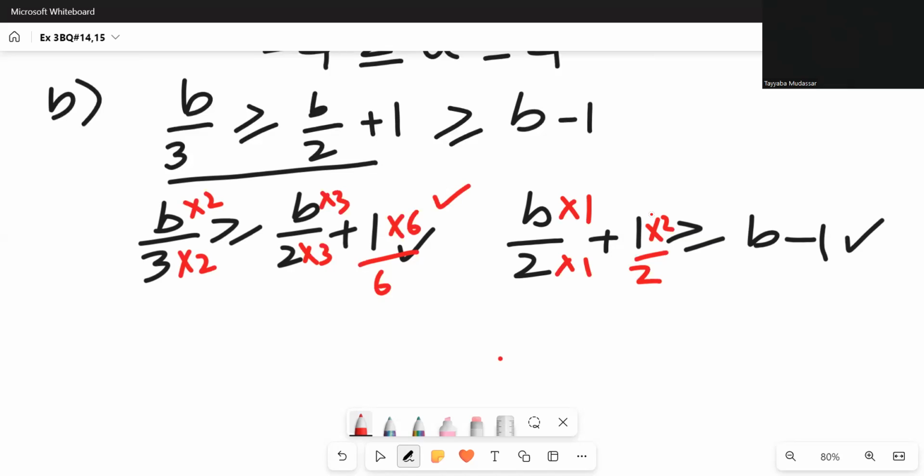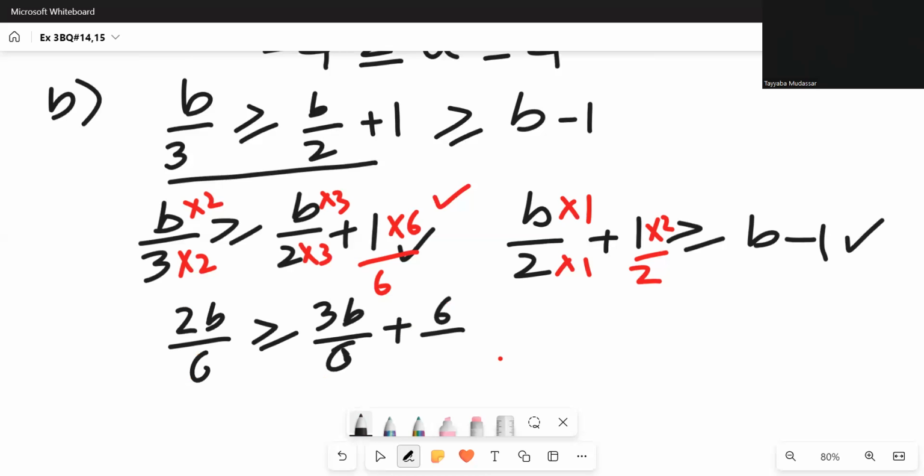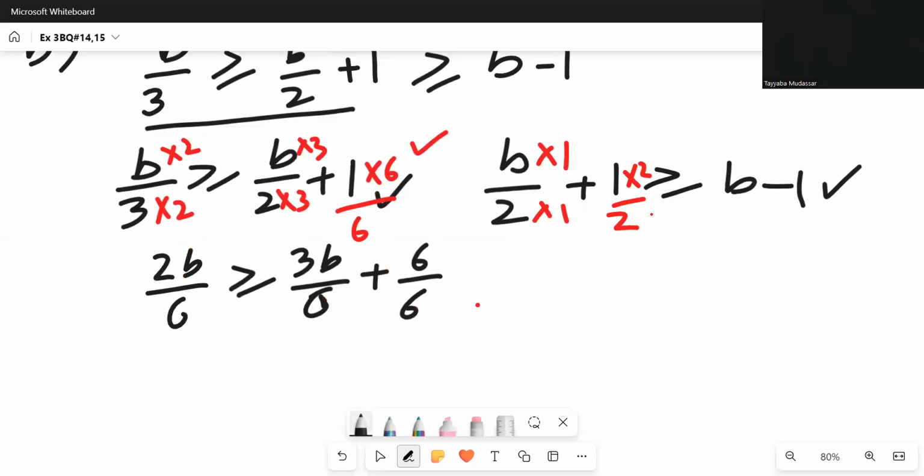Okay, now here it is 2b. I will write, it is 2b over 6 greater than or equal to 3b over 6 plus 6 over 6. Now if we have the same denominator on both sides, we can simply write the numerators. This is plus 6.